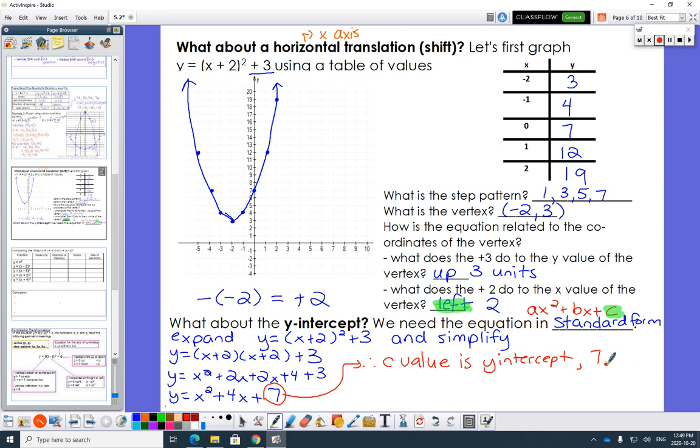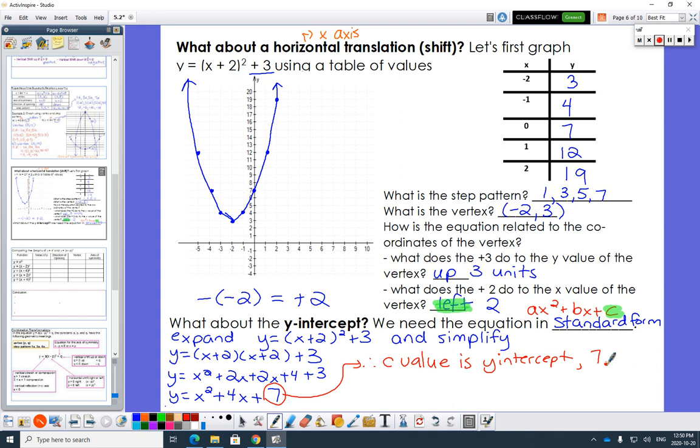Are there other ways to tell what the c value is? Or the y-intercept? Another way maybe to do it algebraically. What could I have set x to? 0? You could have plugged in x as 0. You could have also looked on the graph.